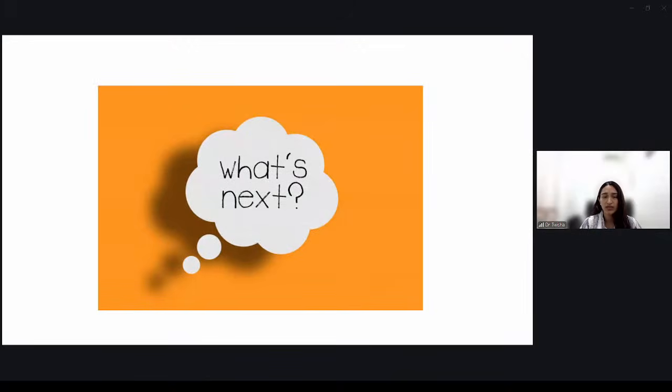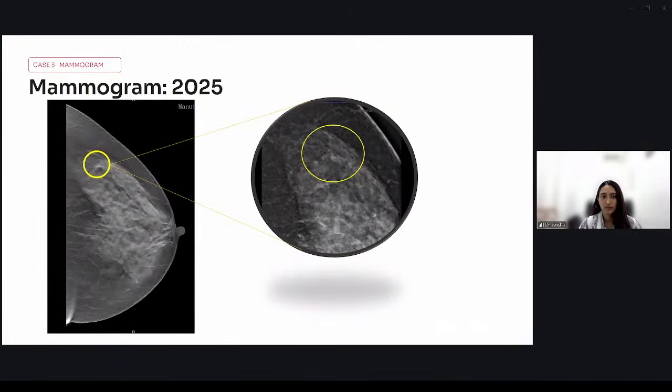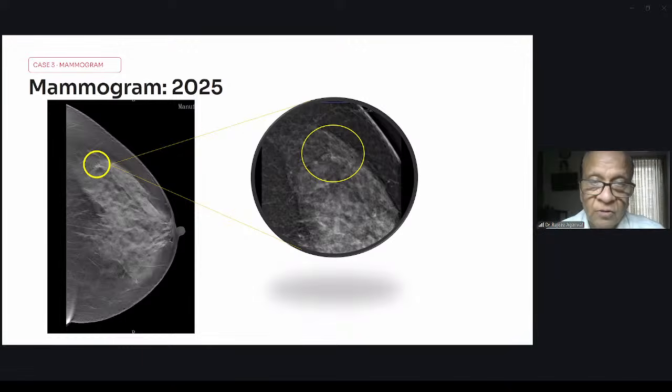So what will you do next in this case? This was a very small, about 5 to 8 mm calcification, which was not present before, because all these mammograms have been done at our center. So we could compare those mammograms with the old mammograms, and this was a new finding this time.